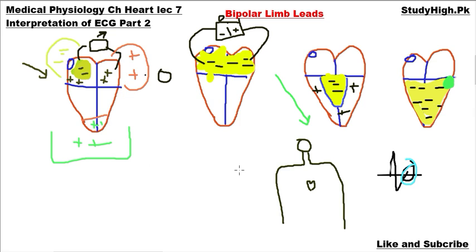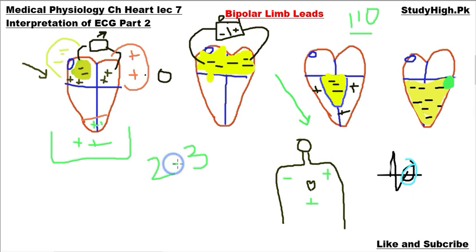When you directly place your electrodes on our cardiac muscle cell membranes, the maximum voltage that can be recorded is between 100 to 110 millivolt. When you place your electrodes on the fluid surrounding our cardiac muscle, or directly on the chest, the voltage range that can be recorded is between 2 to 3 millivolt.